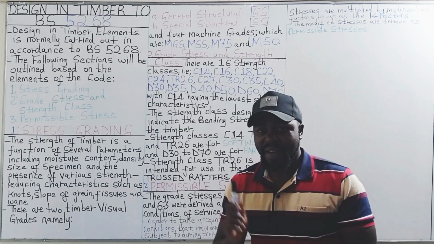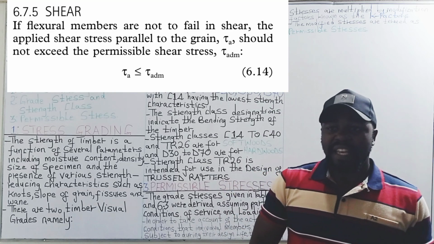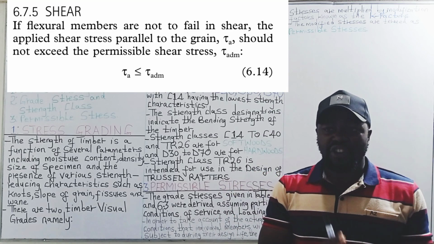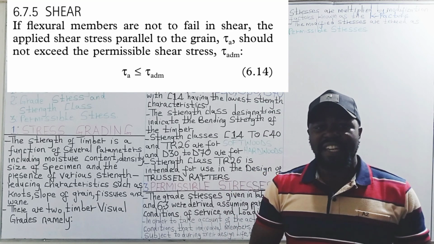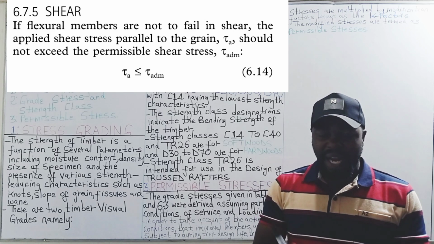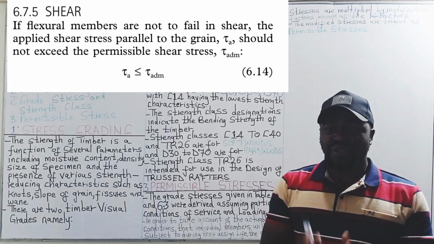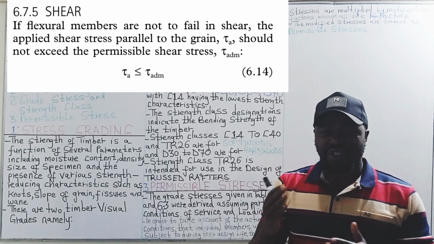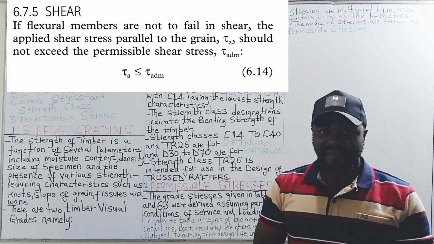Then you go to step number 4, that is shear. If flexural members are not to fail in shear, then the applied shear stress parallel to the grain should not exceed the permissible shear stress.